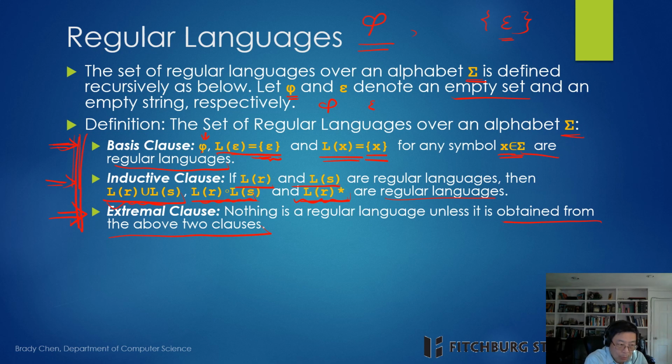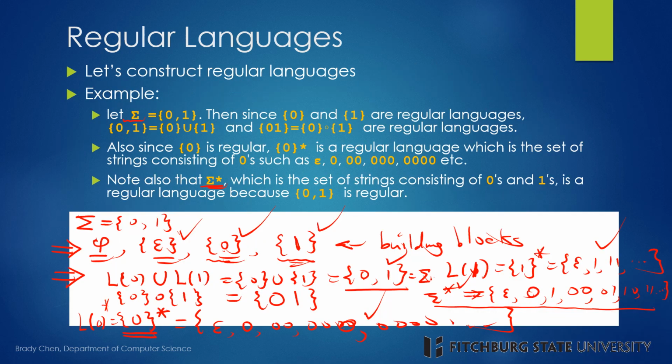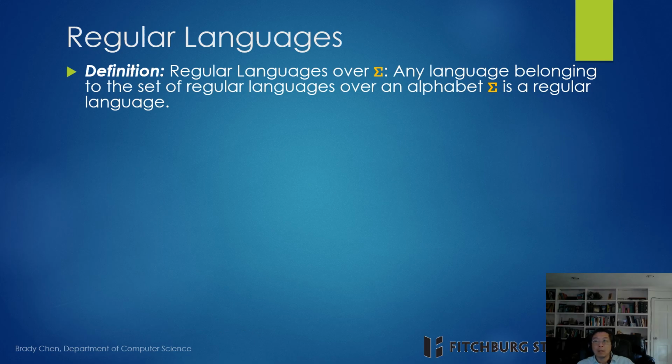So let's actually build a regular language from scratch, okay? And then we can define any language belonging to the set of regular languages over an alphabet sigma is a regular language.